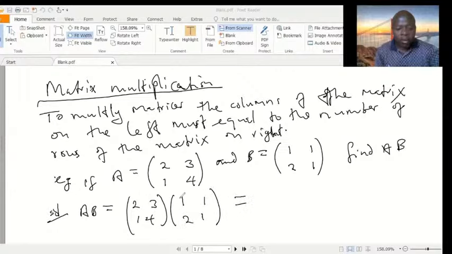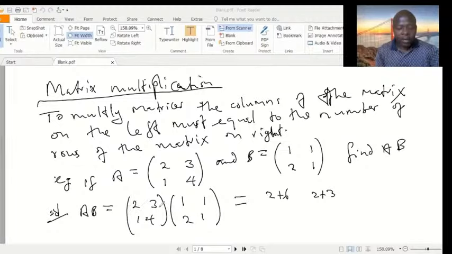We multiply this row and this column and add the results. 2 times 1 would be 2, and 3 times 2 would be 6. Then I come to this other column using this row. 2 times 1 would be 2, and 3 times 1 would be 3.